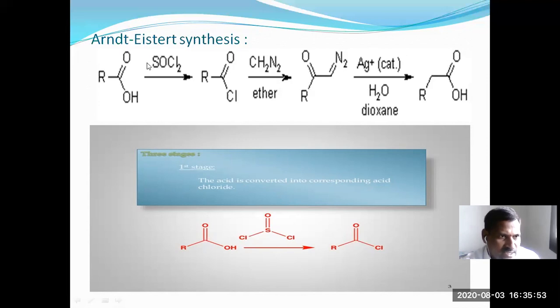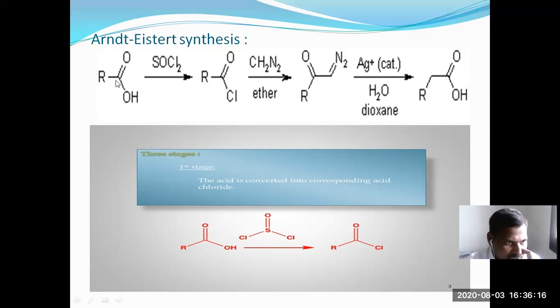In the Arndt-Eistert synthesis, carboxylic acid to carboxylic acid, one CH2 is added, and carboxylic acids are prepared.